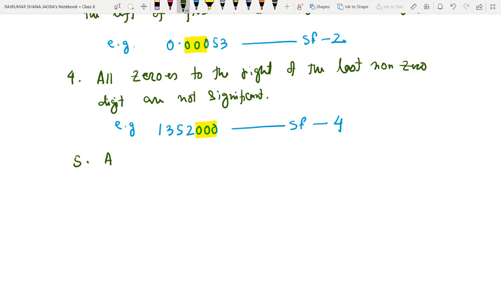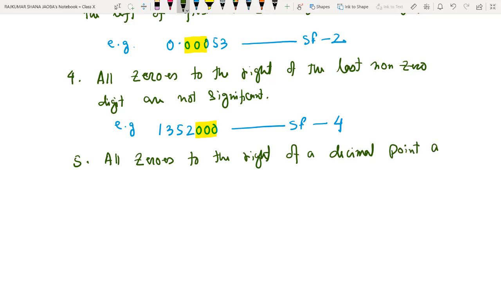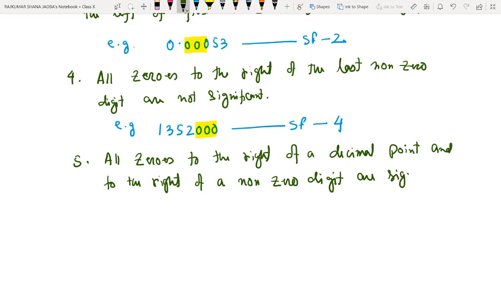Next: all zeros to the right of a decimal point and to the right of a non-zero digit are significant.